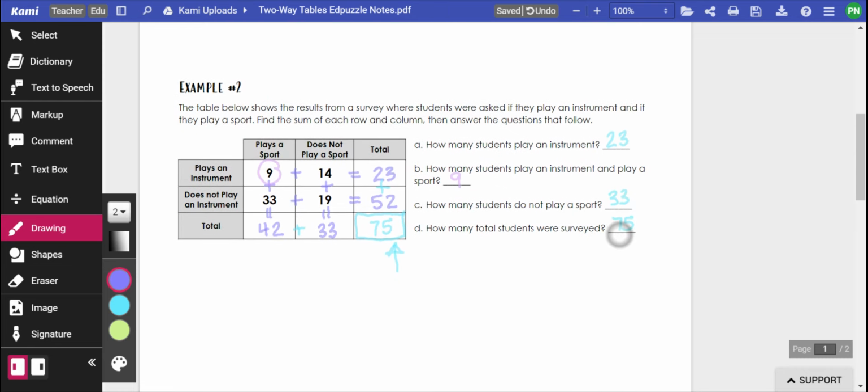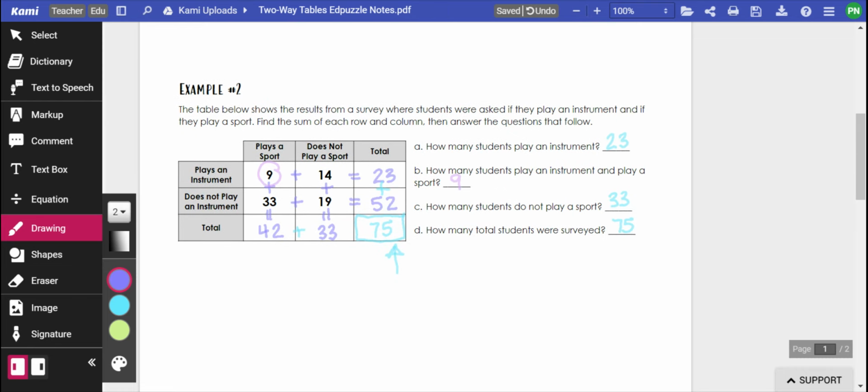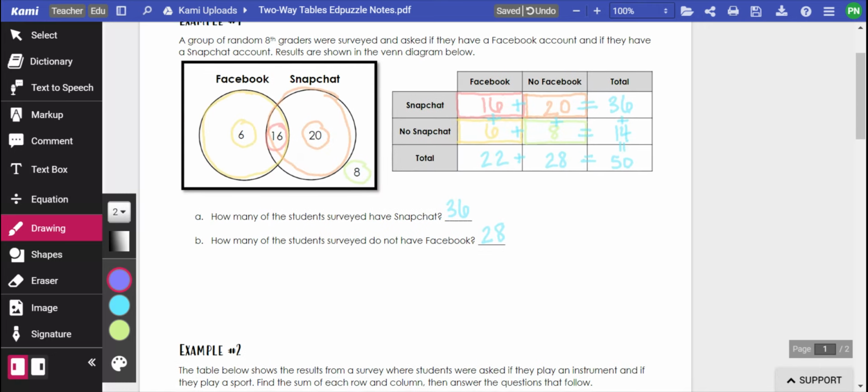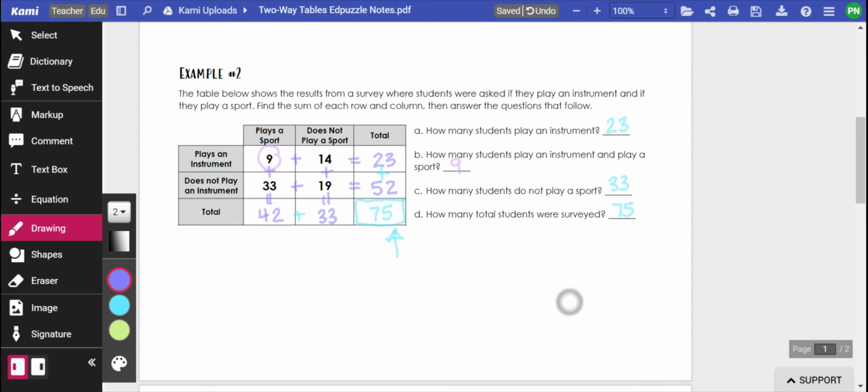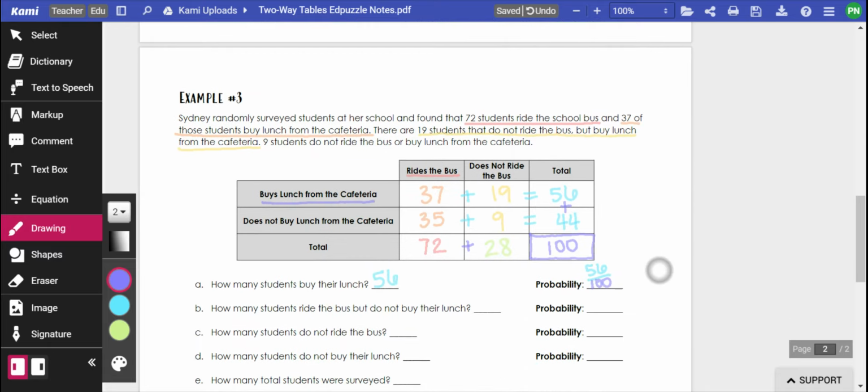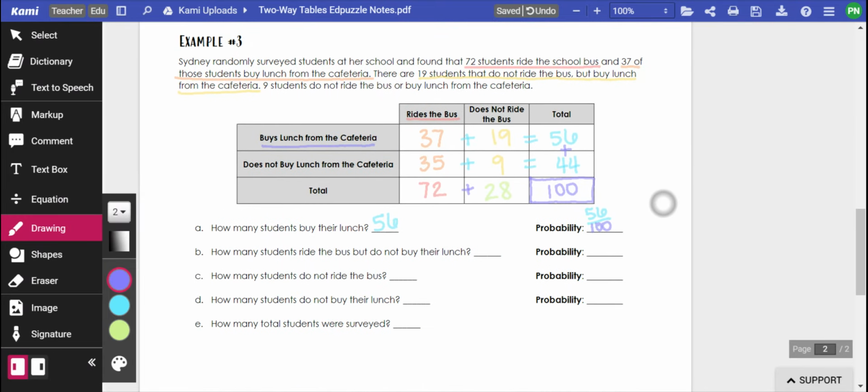So for instance, with the other one, if we were to find the probability, it would be a certain number out of 75. Or with our first example, it would be a number out of 50 because that was our total number of students. So whatever your total sample size is, that's what you want your denominator to be. Okay, and then you always want to simplify these as much as possible. So this would reduce to 14 over 25.